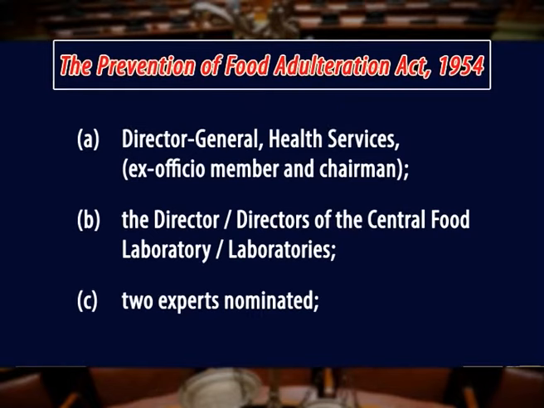The committee shall consist of: A. The Director General, Health Services, ex officio member and chairman. B. The director or the directors of Central Food Laboratory or laboratories. C. 2 experts nominated.